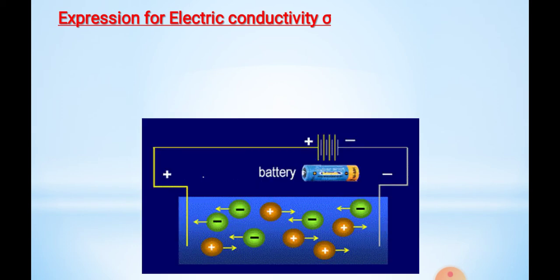Next we can move on to the expression for electrical conductivity, denoted by the symbol sigma. To derive this expression, let us consider this diagram. In this diagram we have a metal connected with a battery. When it is connected with the battery, we are giving some electric field.